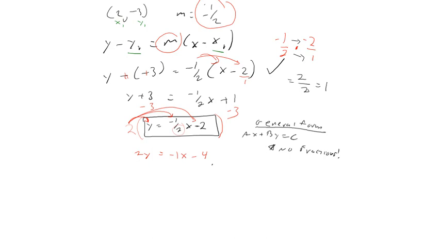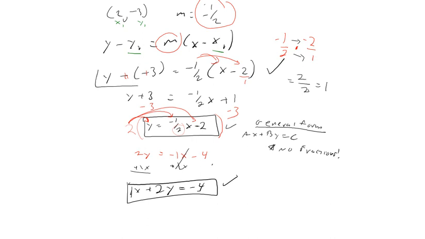Add the 1x on both sides, move this x over here, just like regular algebra. So I'm going to get 1x plus 2y equals -4, or just x plus 2y equals -4. That's also an answer, totally fine. These three different interpretations of the same equation are all completely fine as an answer.